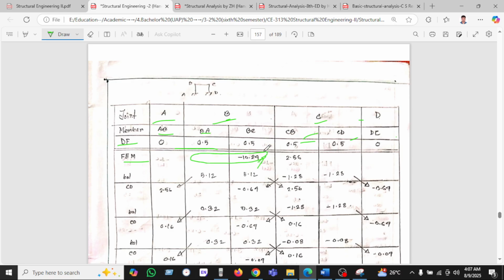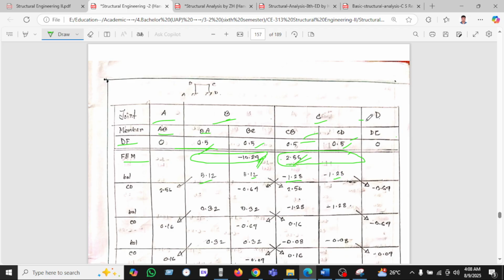If we multiply by 0.5, it will be 5.12. And there is 2.56 for joint C. If we multiply 2.56 by 0.5, it will be 1.25. It is positive, and it will be negative for balance purposes of moment distribution.